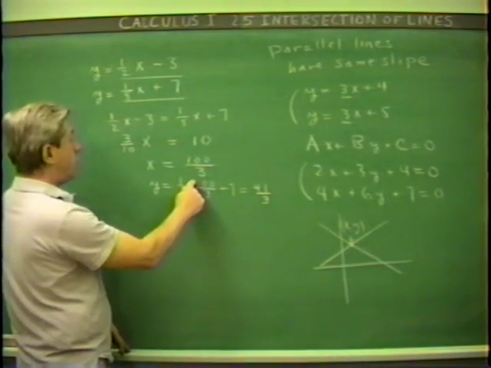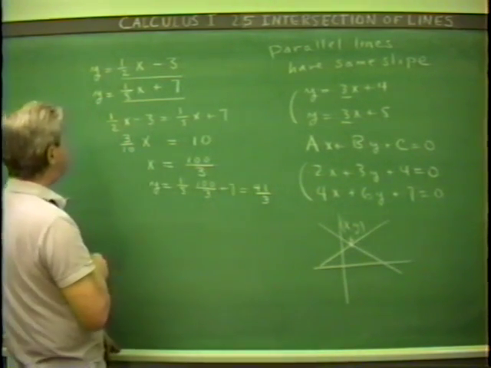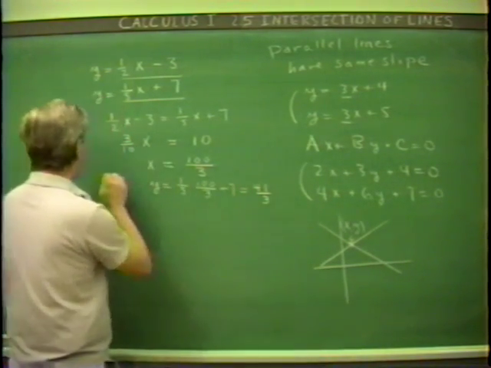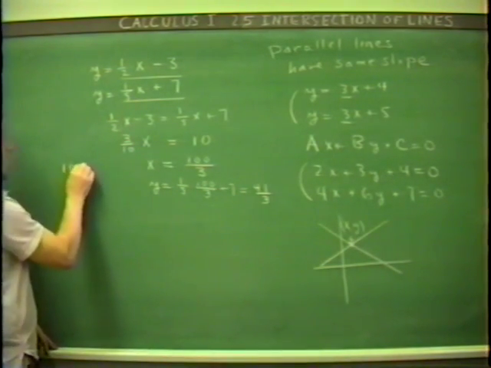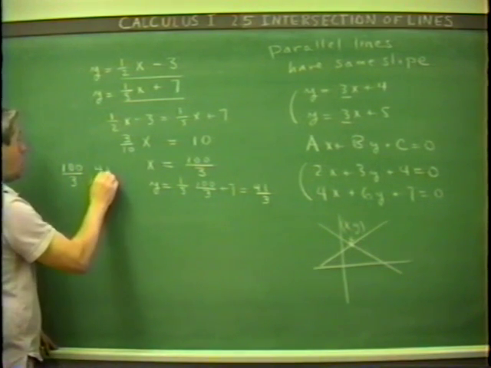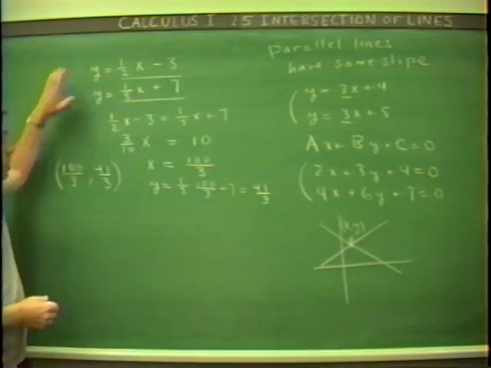Let's check. 20/3 and 21/3 is 41/3. That's the pair of numbers, 100/3, 41/3, the point where these two lines intersect.